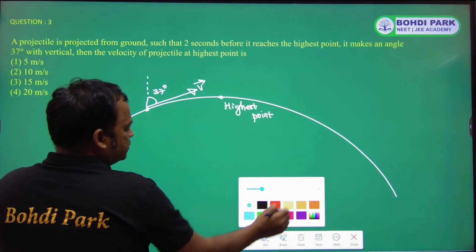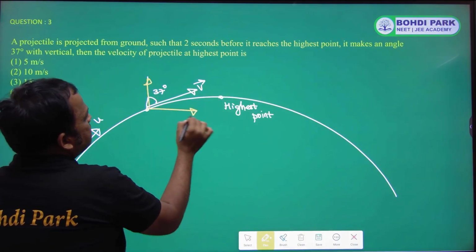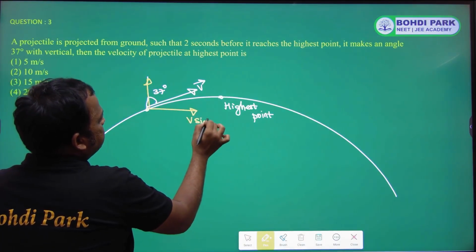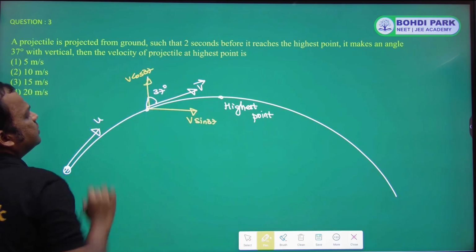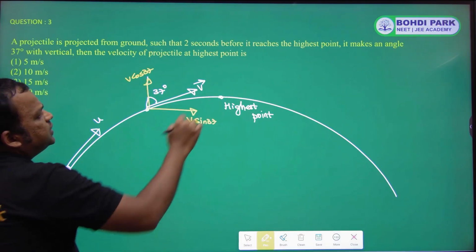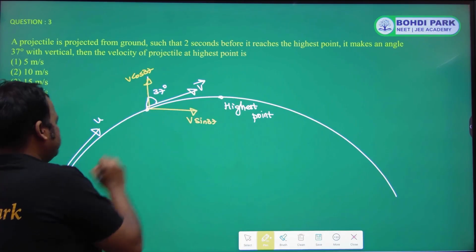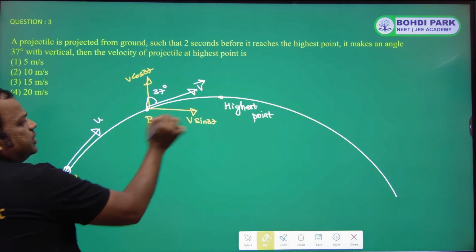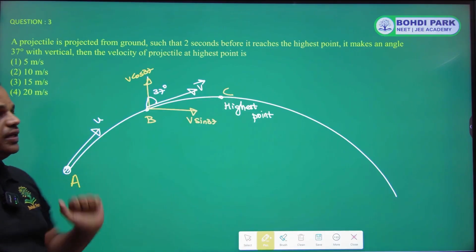So the components will be, x component will be v sine 37 and y component will be v cos 37, and the time taken to reach the topmost point from here, suppose this point is A, this point is B, this point is C. So B to C time taken is 2 seconds.